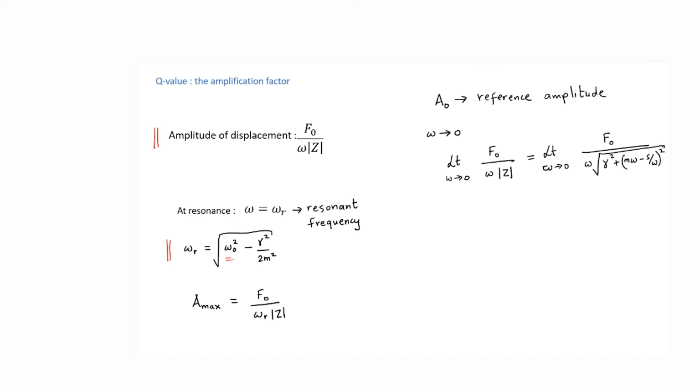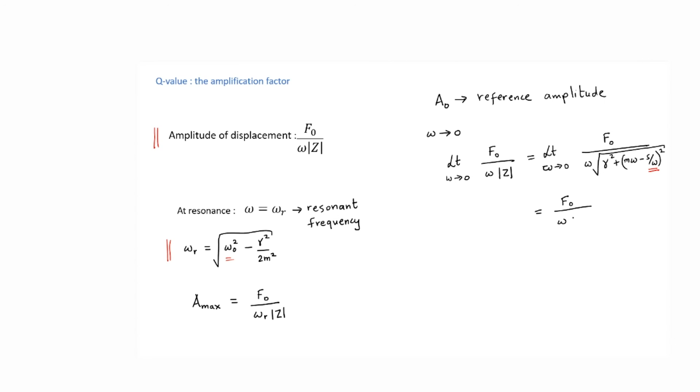Now, when you take the limit omega tending to 0, among the various terms under the square root, the one with omega in the denominator, this term, would be the most dominating term, because you are taking the limit of very small omega. So, this expression would simply be f 0 by omega into, and in comparison with s by omega, gamma square would be small, so we can neglect that.